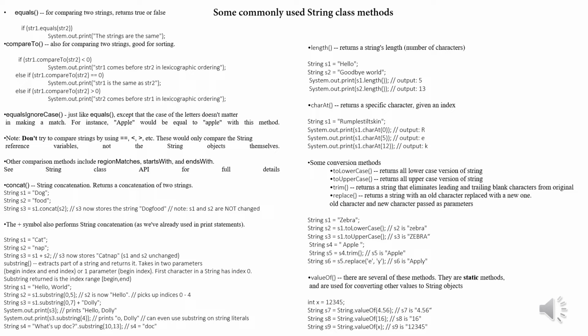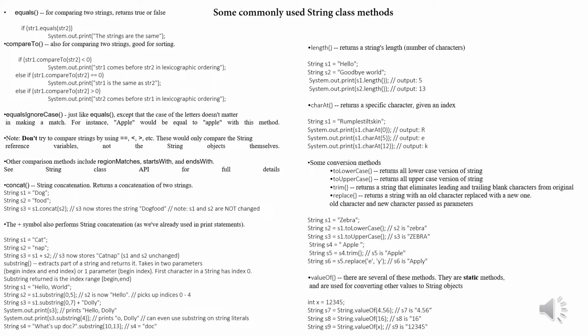Or for example, a string s7 be String.valueOf(4.56), right? So now s7 is a string with the value of 4.56. 4.56 is a double, right? That's not a string, but we have changed its type from double to string by using the method String.valueOf, right?